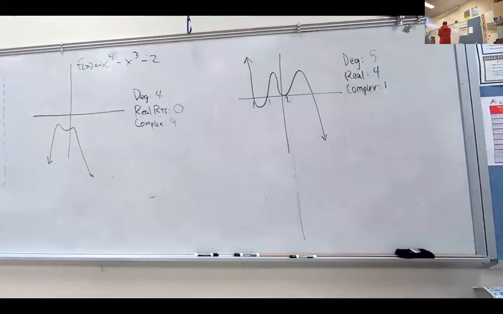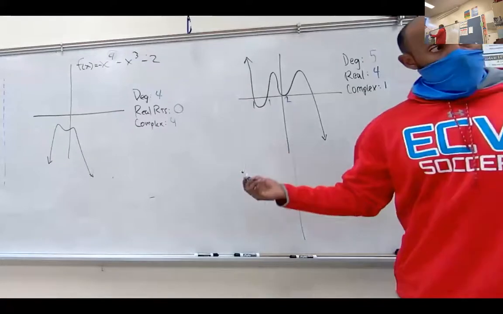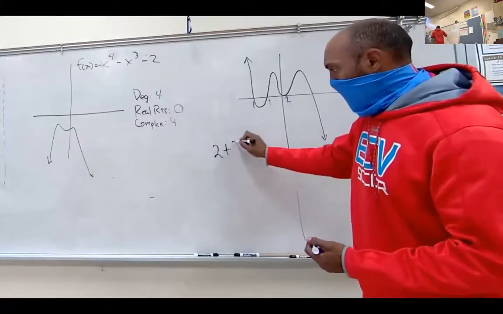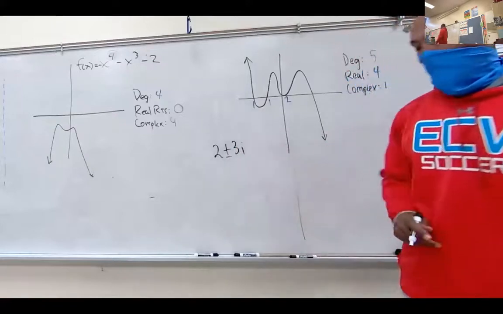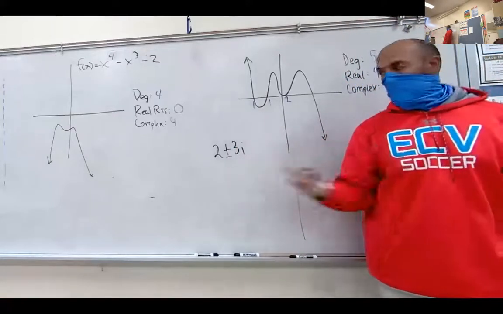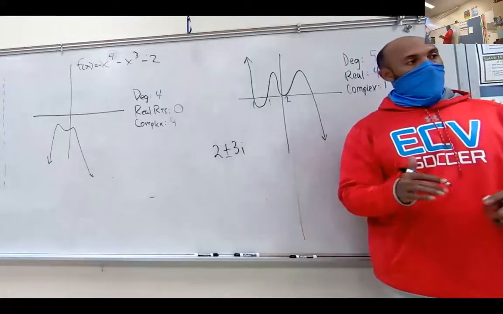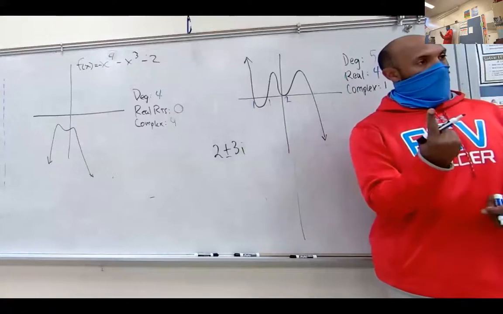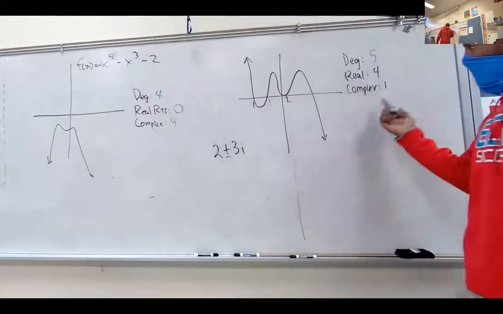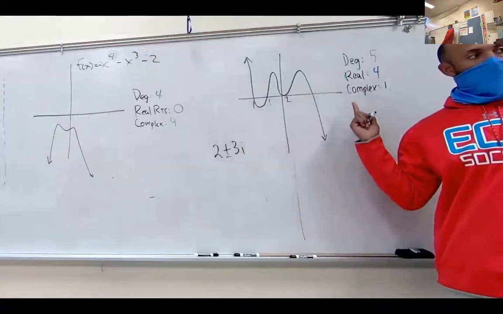If you think about a complex root, it'd be a number like this. If you're solving an equation, you end up with something like 2 plus 3i. But usually it's plus or minus 3i. That's 2 numbers, that's 2 complex roots. You don't ever have a situation where you just have 1. So if there's only 1 spot left, that's not going to work.